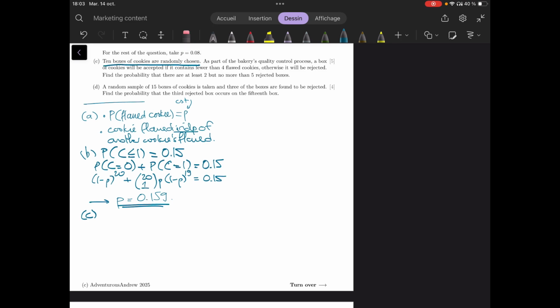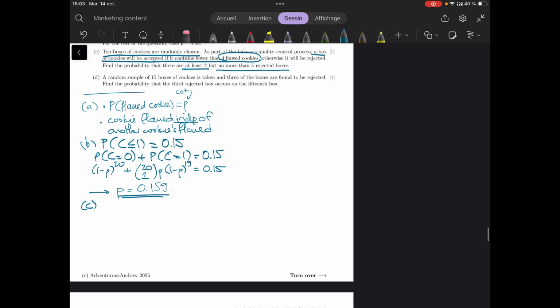Part C. 10 boxes of cookies are randomly chosen. A box will be accepted if it contains fewer than 4 flawed cookies. Find the probability that there are at least 2, but no more than 5. So, we know the probability that a cookie is flawed, but we don't know yet the probability that a box is rejected.